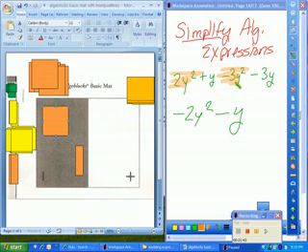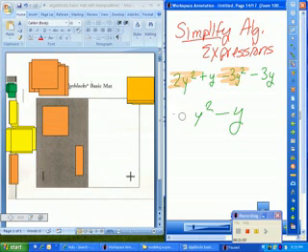If I've got positive 2y squareds and then 3 negative y squareds, this really should be negative y squared. Sorry guys, I think I left an extra one of those in there somehow. So positive 2y squared minus 3y squared. 2 and a negative 3 put together is a negative 1 y squared.